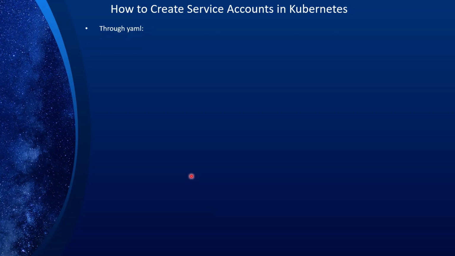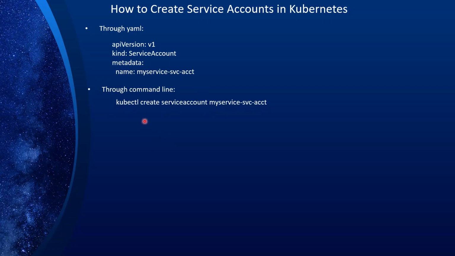We can create a service account in two ways, through YAML. So this is the important section: API version v1, kind ServiceAccount, and under metadata, we specify a name for it, for instance, my service account. You can also do it from the command line: create service account, my service account.